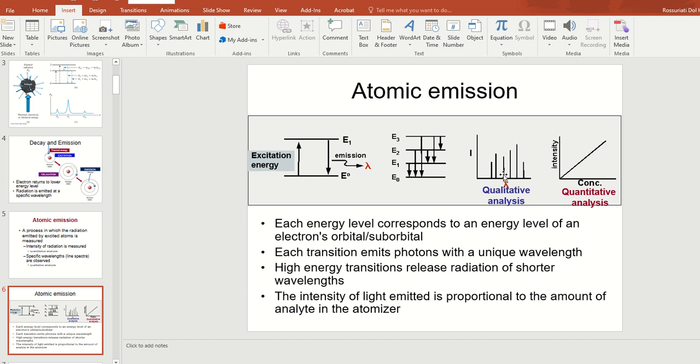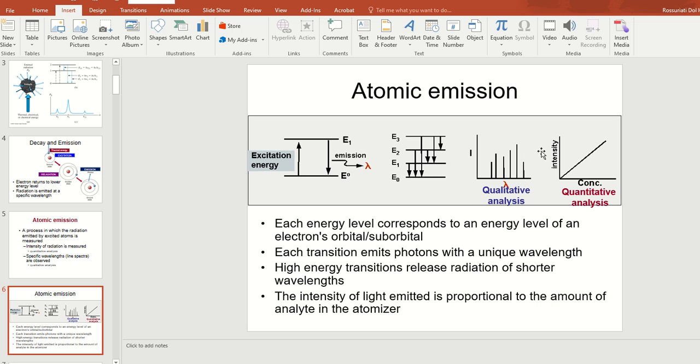In atomic emission spectroscopy, each of these lines represents electromagnetic radiation emitted at a particular wavelength.